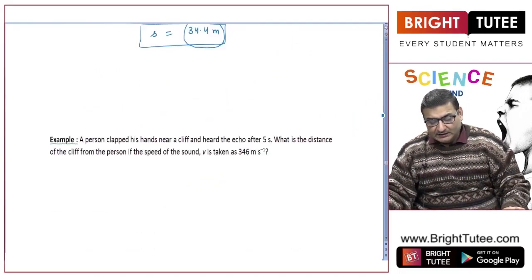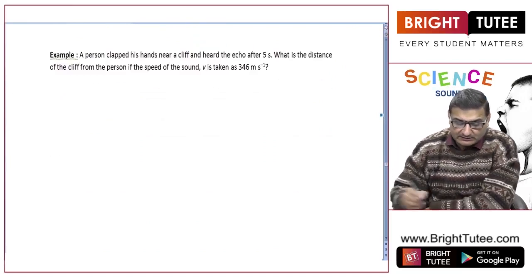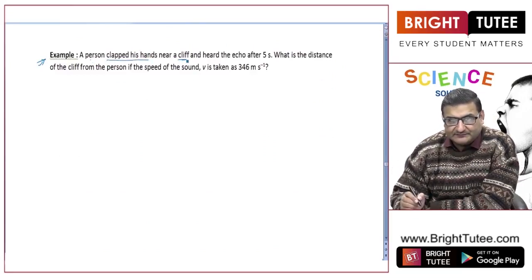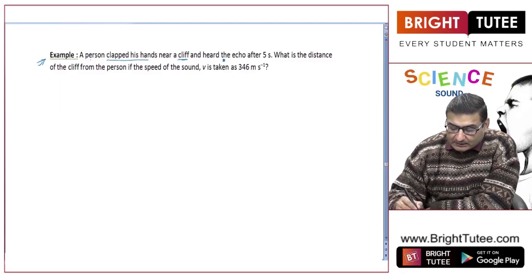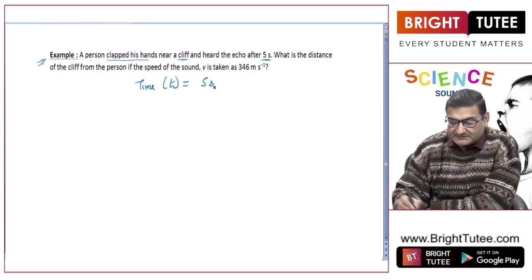Now, when we talk about echo, let us see one or two questions based on this particular topic. First is, a person clapped his hands near a cliff, a mountain peak, and heard the echo after 5 seconds. So, the time which is represented by small t is given to us to be 5 seconds.